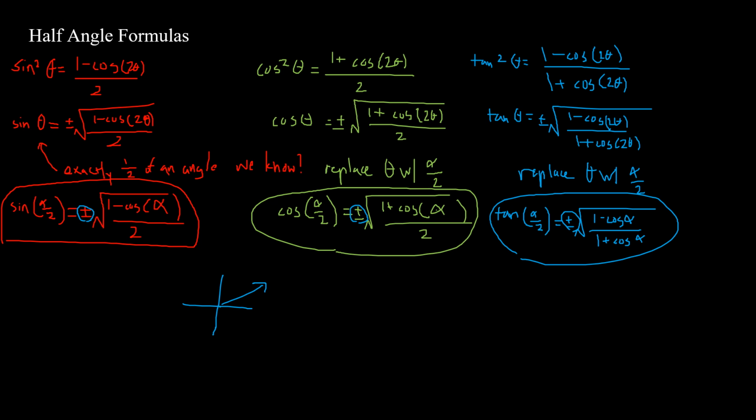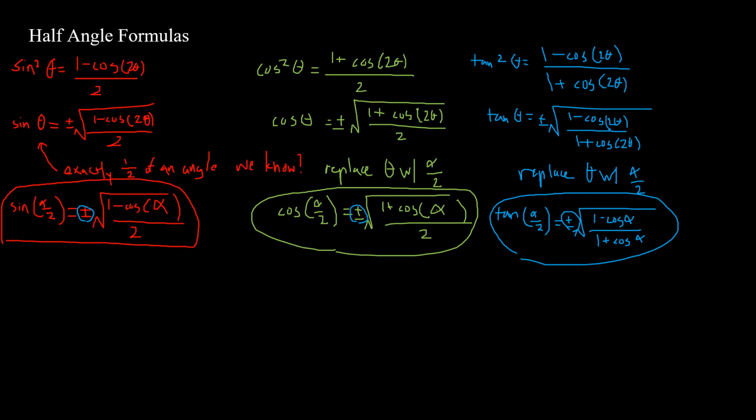Whatever quadrant alpha over 2 lies in, that's the sign that you're going to want to use. If alpha over 2 is in the first quadrant, everything is positive. If alpha over 2 is in the second quadrant, sine is only positive. If alpha over 2 is in the third quadrant, then tangent is going to be positive. And if you are in the fourth quadrant, then cosine is going to be positive. So just keep that in mind.